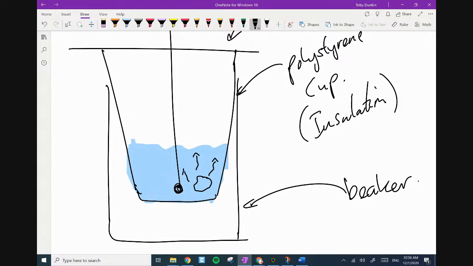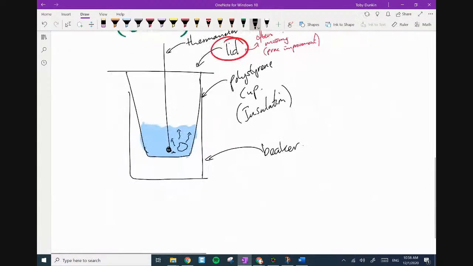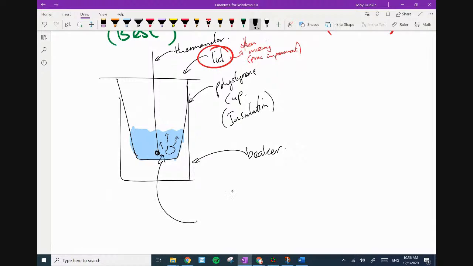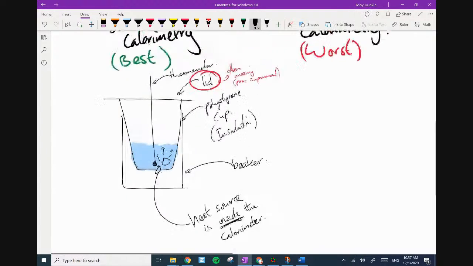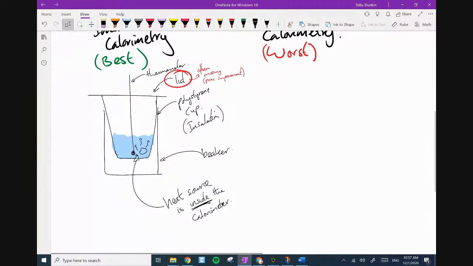Yeah, and this is going to be generating the heat. The heat source is inside, and that's the internal bit, inside the calorimeter. The calorimeter, technically, by the way, guys, is the polystyrene cup. Technically.